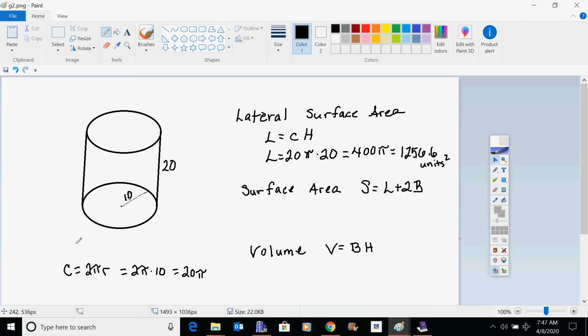Okay, so in this case, our base, because it's a circle, is pi r squared. It's different. So the person that specifically asked that question, make sure you take note here. Here's the difference. So here's pi times 10 squared. That's 100 pi.